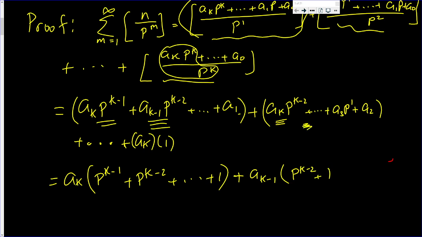Over here is going to be p to the k minus 3 all the way down to plus 1. And so on, all the way down to, say, a sub 2. So you're going to get p plus 1 plus a sub 0. A sub 1 will just be 1.